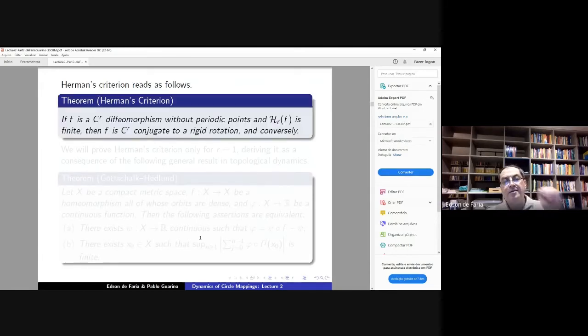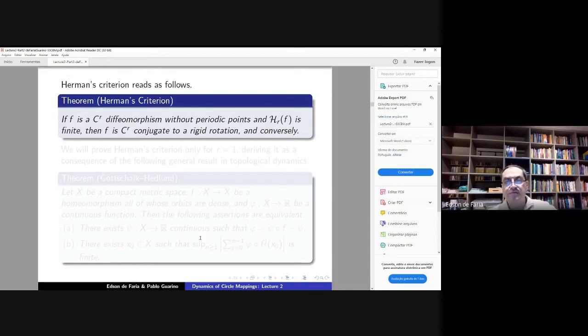So Herman says, if you have a C^r diffeomorphism, and if you calculate Herman's invariant, h_r of f, and you get a finite number, then f is C^r conjugate to the rigid rotation with the same rotation number, okay? And conversely. Here there is no assumption on whether the rotation number is rational or irrational.